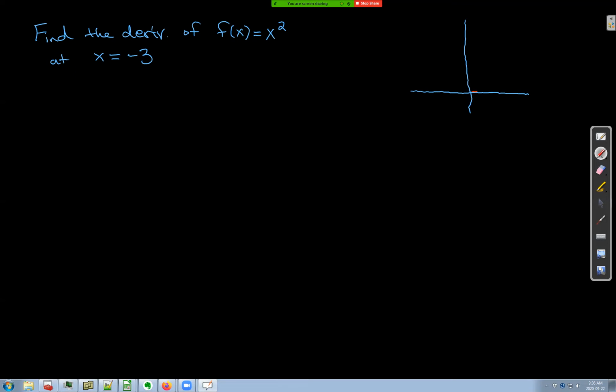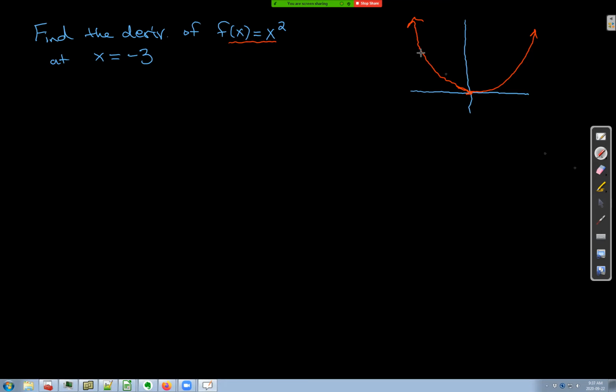And so the idea here is that we've got a parabola. We should all know what the graph of f of x is equal to x squared looks like. It looks like a parabola.